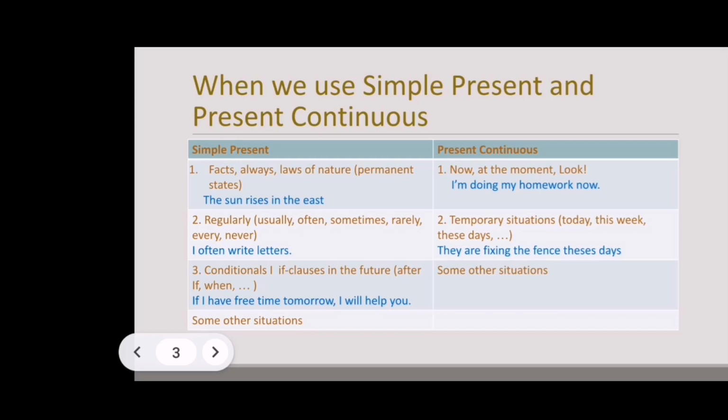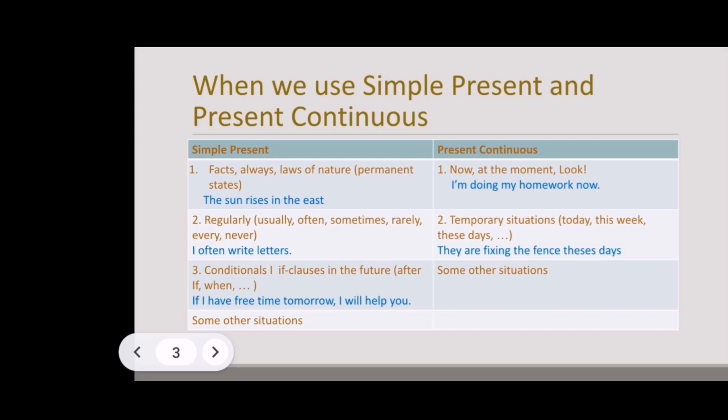For regular actions, and we add adverbs like usually, often, sometimes, rarely, every day, every week. For example, I often write letters. And in conditionals of the first type, in if clauses, for the future: if I have free time tomorrow, with have in present simple, I will help you.